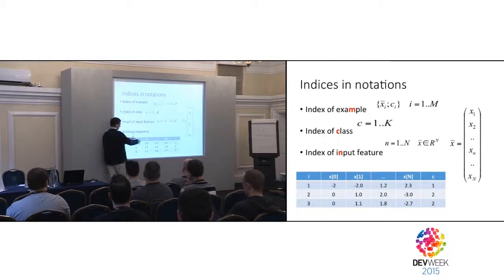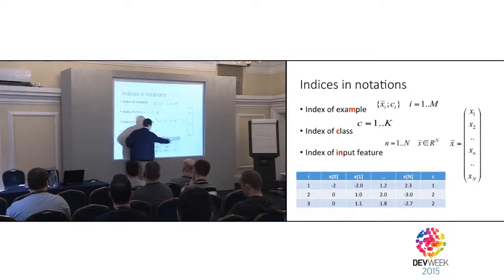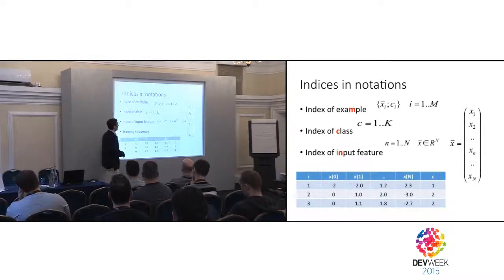So basically this table says that first example is object with these characteristics, and it belongs to class 1. So the next line, number 2, is object with these characteristics that belong to class 2, and so on. So we have big M number of examples for training.